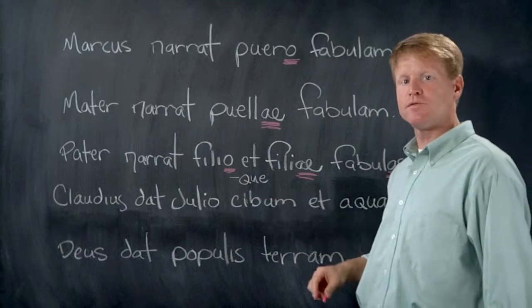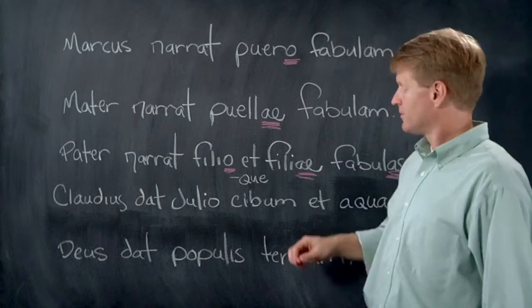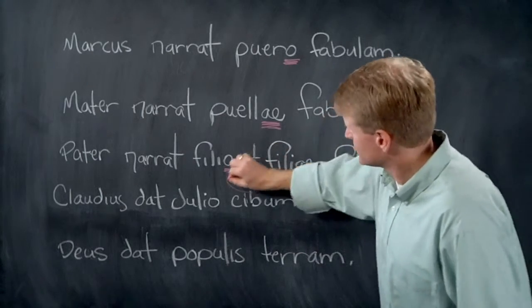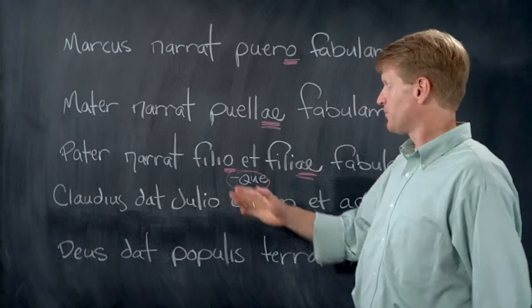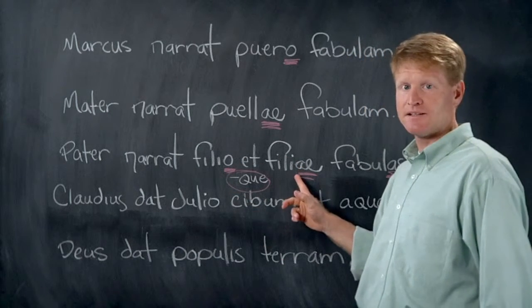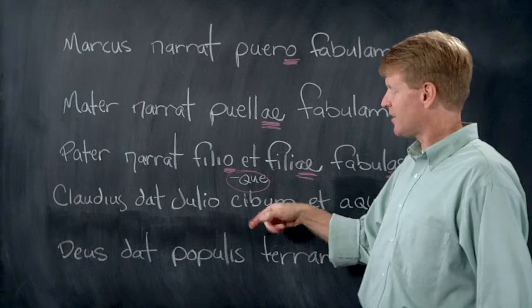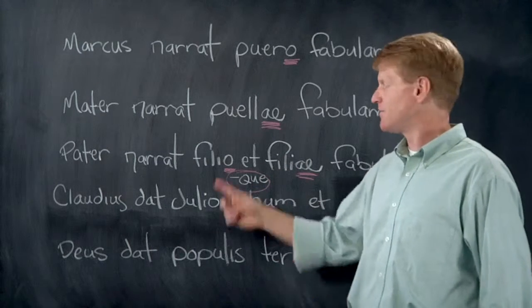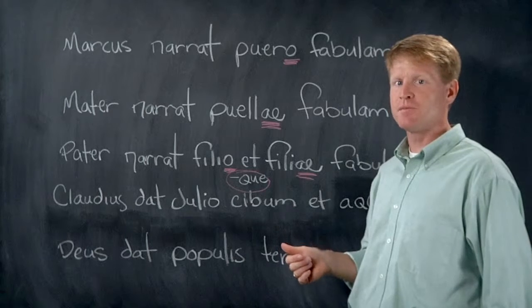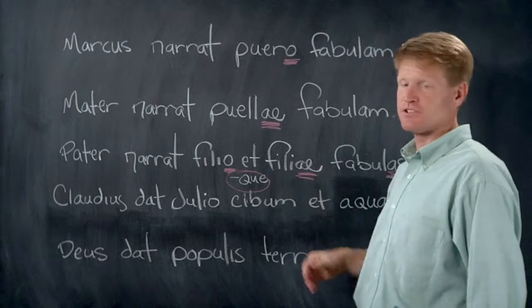Filio et filiae. Now, just so you know, the Romans could say and a couple of ways. They could say filio et filiae, or they could take the et out and put the que at the end of the word, run the two together, and say filio filiaeque. And that means son and daughter.